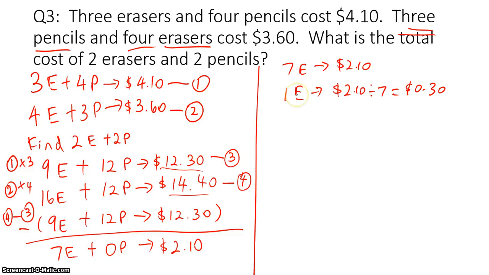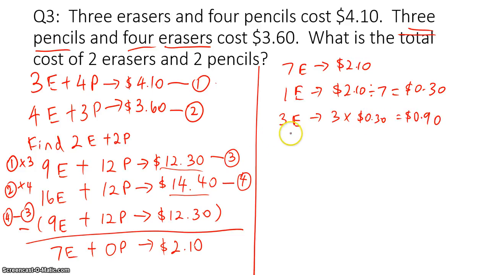So 1e is 30 cents. Which equation should I use? Maybe I can use my equation 1 to help me find p. So let's find 3e. 3e will be 3 times 30 cents, which gives us 90 cents.